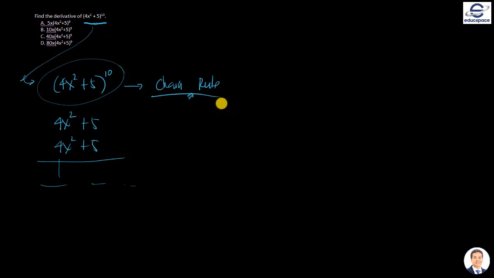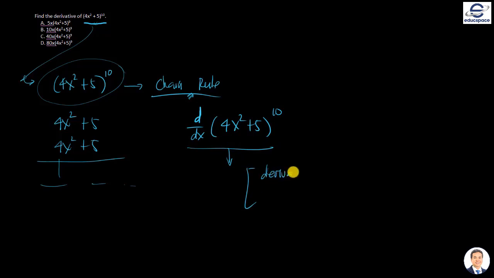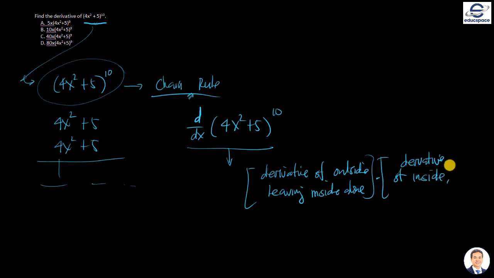So the chain rule says that we have to first consider the derivative. Let's say d over dx of 4x squared plus 5 raised to 10. Basically the rule is that first we take the derivative of outside leaving inside alone, multiplied by the derivative of inside leaving, of course, the outside.